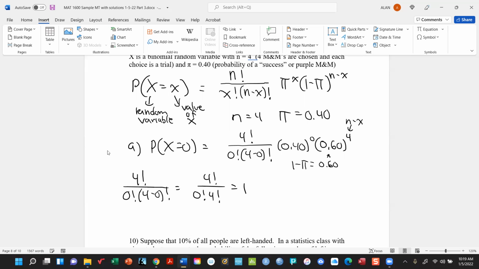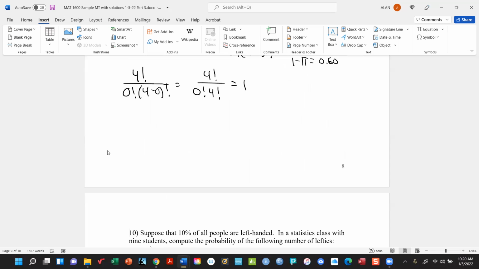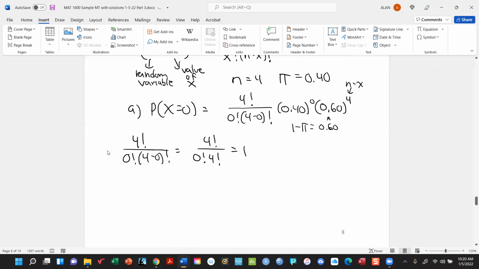So this first term is just 1. Not only that, but the second term is also 1, because here we go, 0.40 to the 0 is just 1. And that's because in general, x to the 0 equals 1. Anything you raise to the 0 power is just 1.